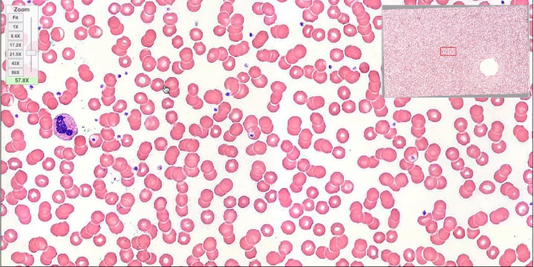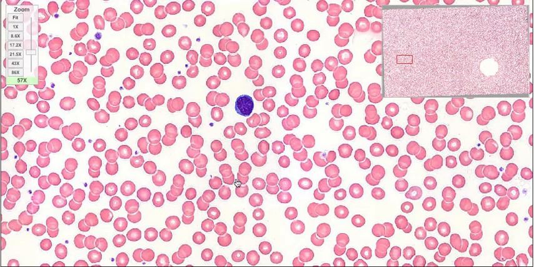Okay, so we're going to move on to the second cell now, which is known as a lymphocyte. So here's a lymphocyte. Lymphocytes look very, very similar to another cell known as a monocyte. But the main thing you want to look for in distinguishing between a monocyte and a lymphocyte is that lymphocytes don't typically contain a curved nucleus.